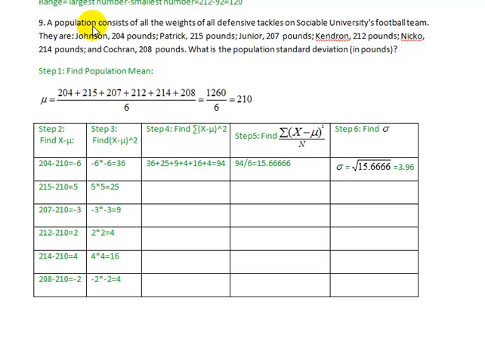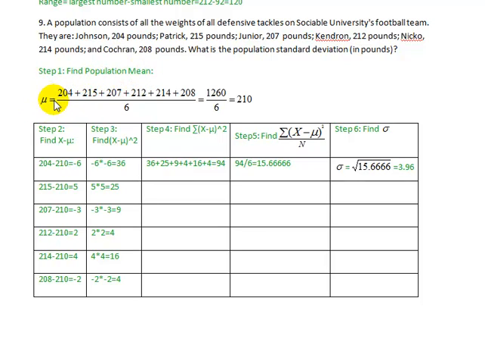Why do I say that? Because when you calculate the standard deviation, the formula for the population standard deviation is different from the sample standard deviation. The question gives us a group of data and asks us to calculate the population standard deviation. For the first step, find the population mean.